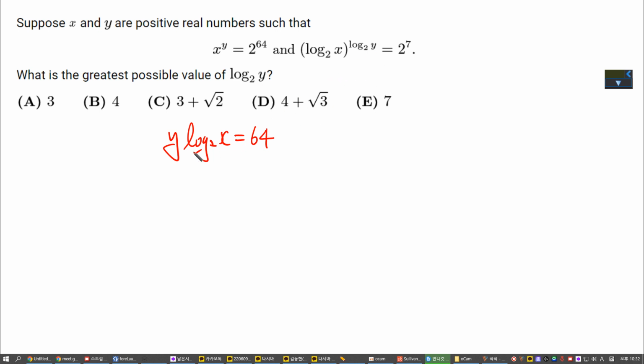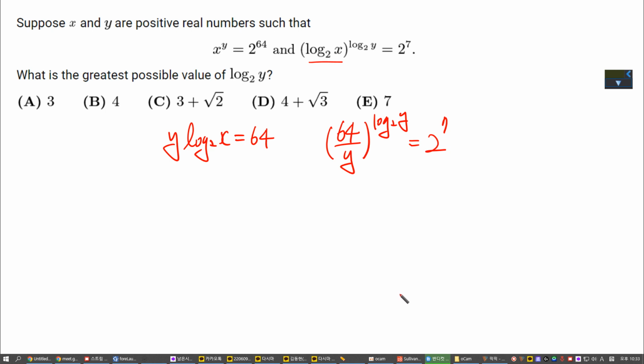And in such a case, we can substitute the 64 over y for the log 2 of x in the second equation. So when we do that, that makes 64 over y to the power of log 2 of y equal to 2 to the 7th power.